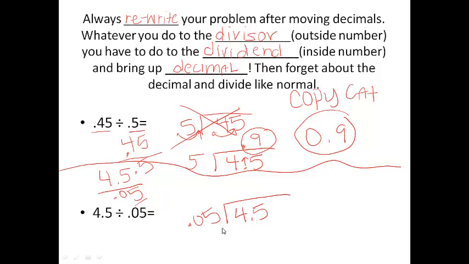Now, this number has to be a whole number like we talked about, okay? So I can't divide until I make this a whole number. So how many times am I going to have to move it to make it a whole number? Very good. You're going to have to move it twice. 1, 2, this way. So now this number becomes 5, just like this one, okay? Now if I move it 2 times over here, whatever you're going to do, I'm going to do, okay? He's a copycat, so he's got to do exactly what the outside number does.